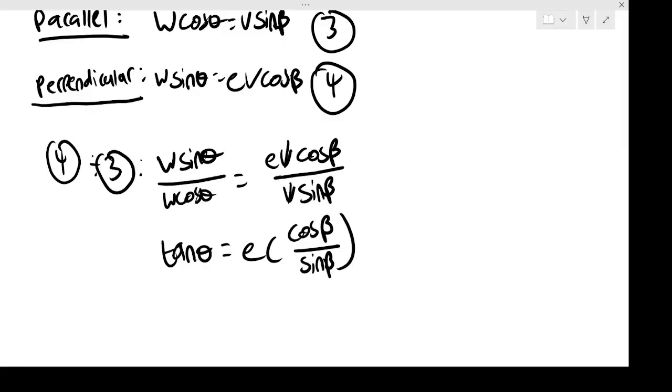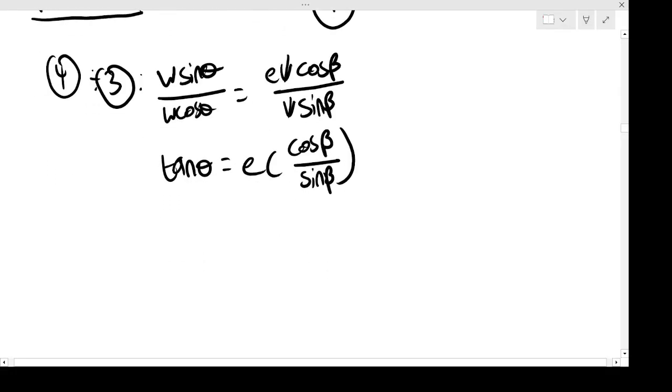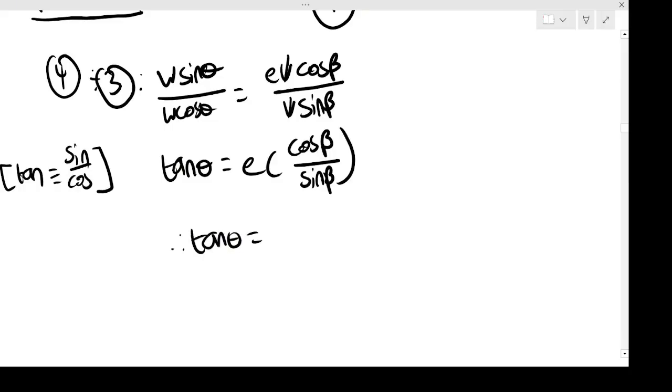And actually, what do you notice? This is just tan flipped, because remember, tan is sine over cos, so cos over sine is the reciprocal. Therefore tan theta is going to be E over tan beta. Hopefully happy with that. I've just done a little bit of trig there, so hopefully happy with how I've got to this point.